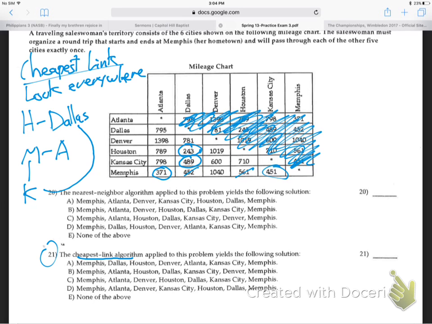Isn't the next one 600? I don't think I'm missing something, am I? 600. Can we have that number? That's a Kansas City, Denver. So Denver's not here yet, so I'll just connect Kansas City to Denver. Is that okay? No. 3 connections on Kansas City. See, that's a no-no. That'd be 3 hits on Kansas City.